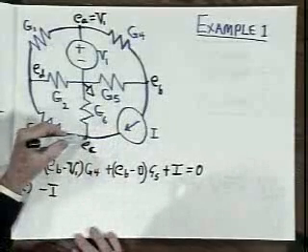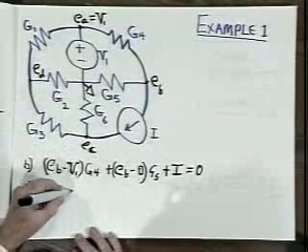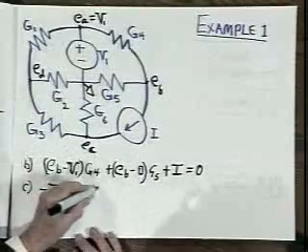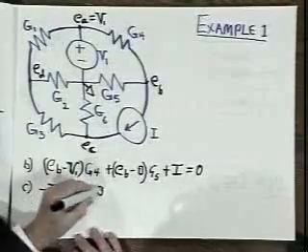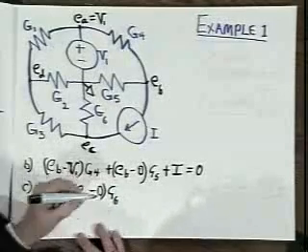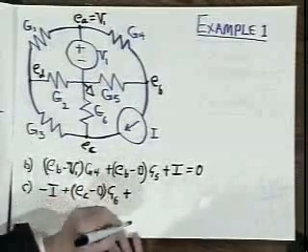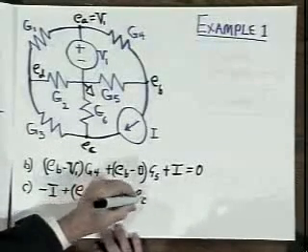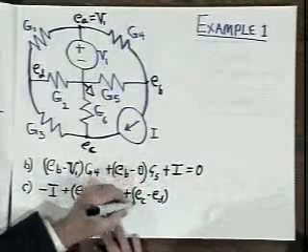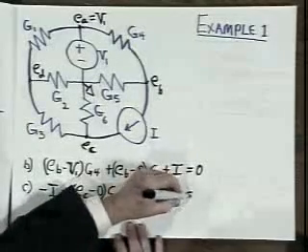The current out of node C through conductance G6 is just E sub C minus 0, the voltage at the reference node, times G6. And finally, the current out through G3 is E sub C minus E sub D times G3. And that equals 0.